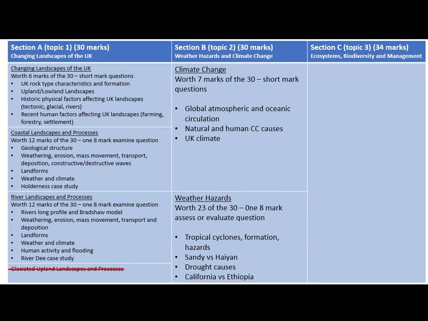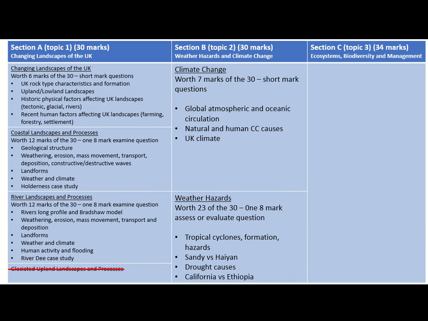So it's a very good assumption that your 8-mark assess or evaluate question is going to be about one or more of the case studies for either tropical cyclones or for drought. And again, on the 8-mark questions made easy PowerPoint, there are loads of different potential questions that you can practice, which you can try out and see how you go.